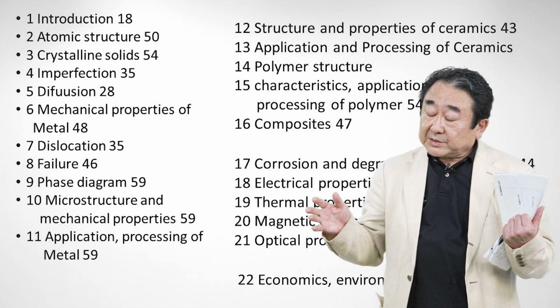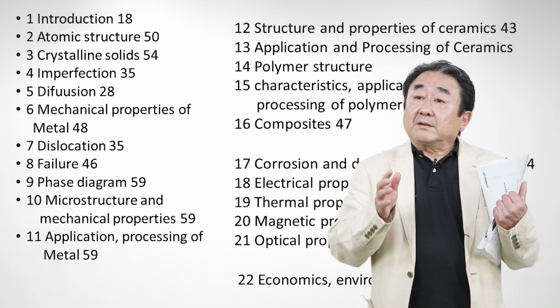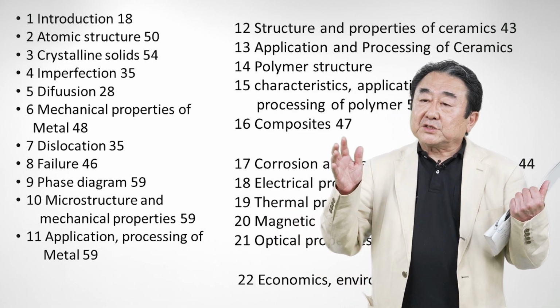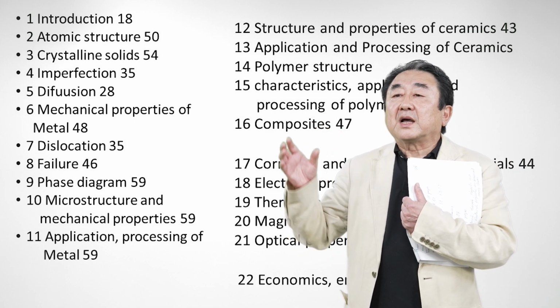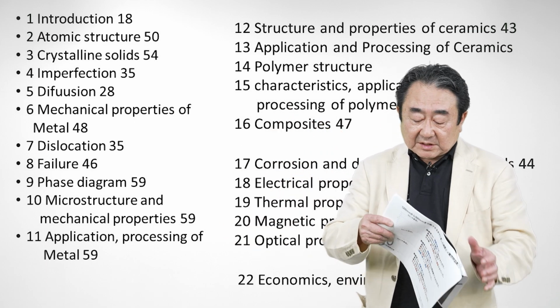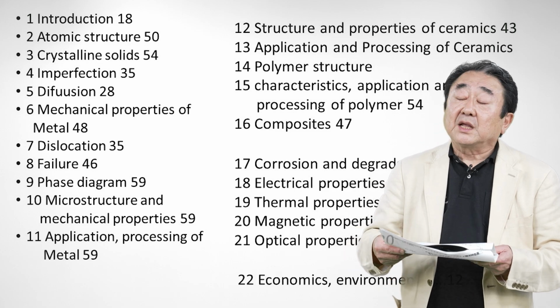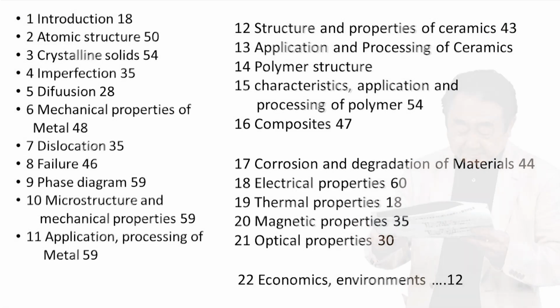In the material science textbook, metal occupied a very large portion, and the next ceramic, polymer, and the composite has only 47 pages. And after that, corrosion, electrical, thermal, magnetic, optical properties.